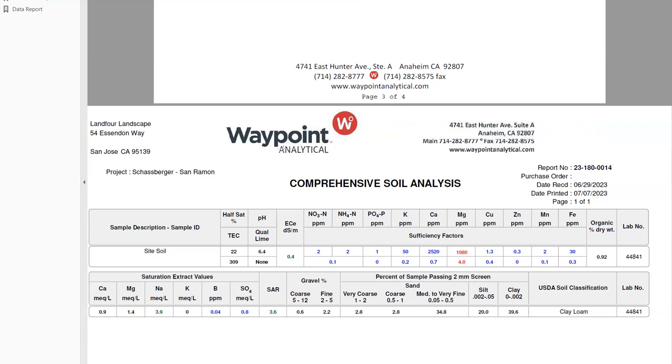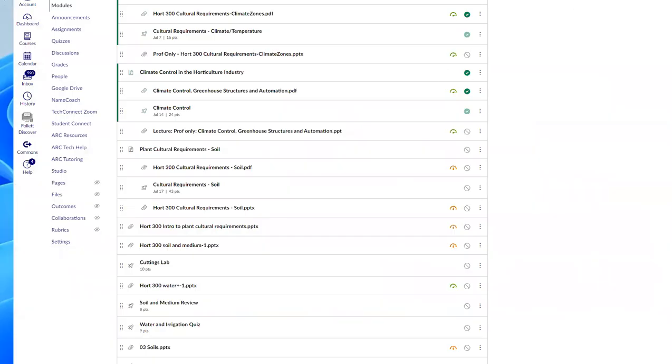This soils analysis cost, I think, $208 and took a week and a half to receive. So we mailed the soil sample off to Waypoint a week and a half ago, and we received this a week and a half later. Generally, it's a week turnaround, and it's a $208 fee right now. That fee goes up over time with rising costs, etc.